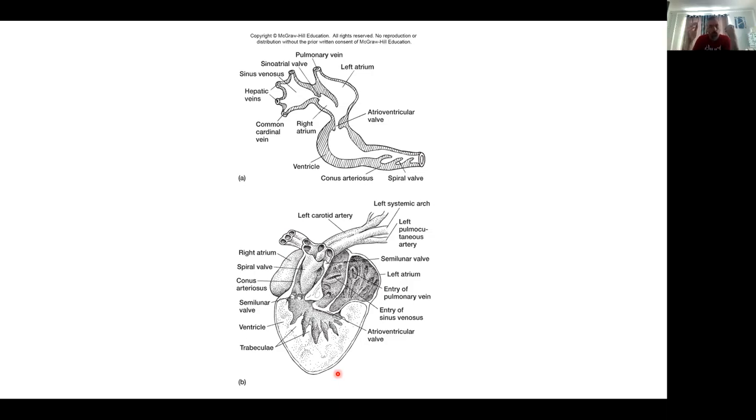What the hell? Well, as it turns out, if you look at the myocardium of the ventricle, there are little ridges in here called trabeculae. And these little trabeculae have the effect of subdividing different little chambers of the heart.